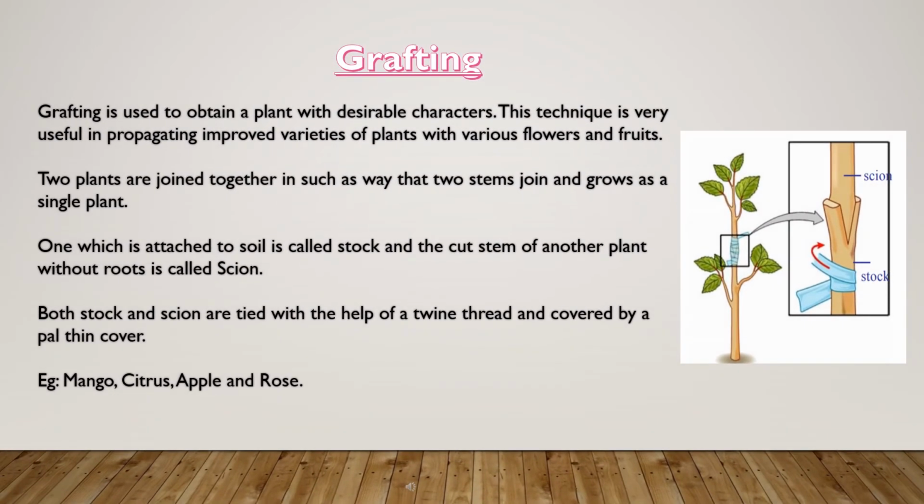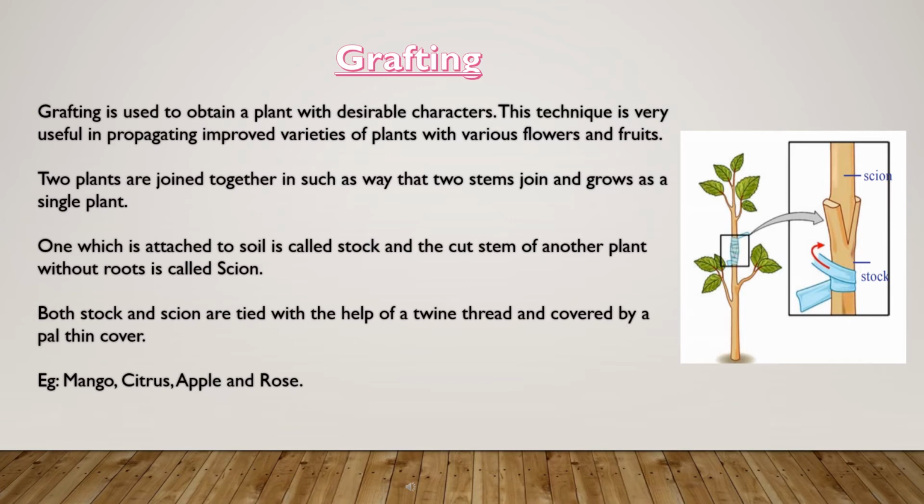The next process is known as grafting in artificial propagation. Grafting is used to obtain a plant with desirable characters. This technique is very useful in propagating improved varieties of plants with various flowers and fruits. In this process, we join two plants in such a way that two stems join and grow as a single plant.